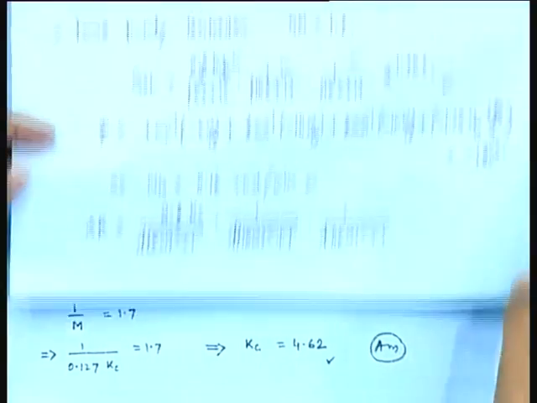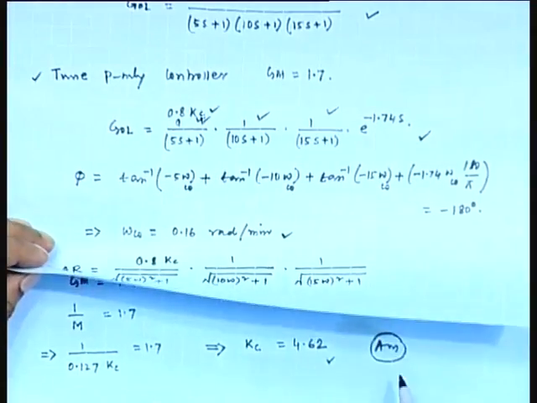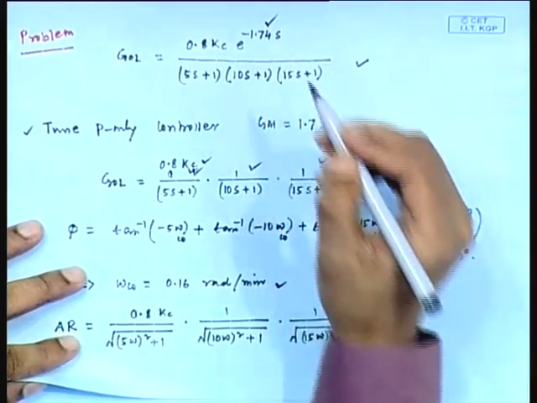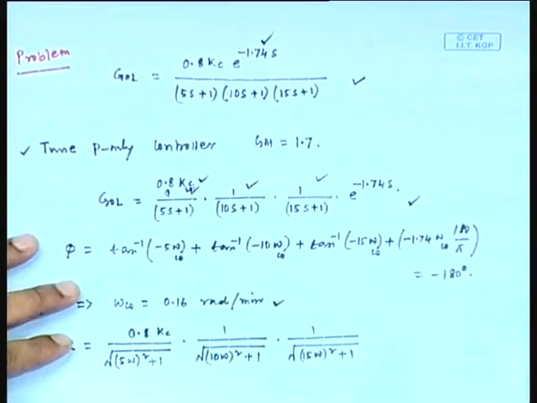Now, in this example, see, we calculated this Kc value considering the dead time 1.74.